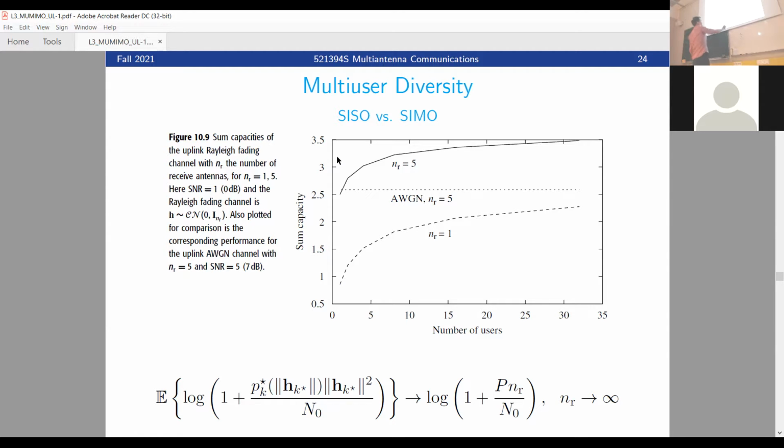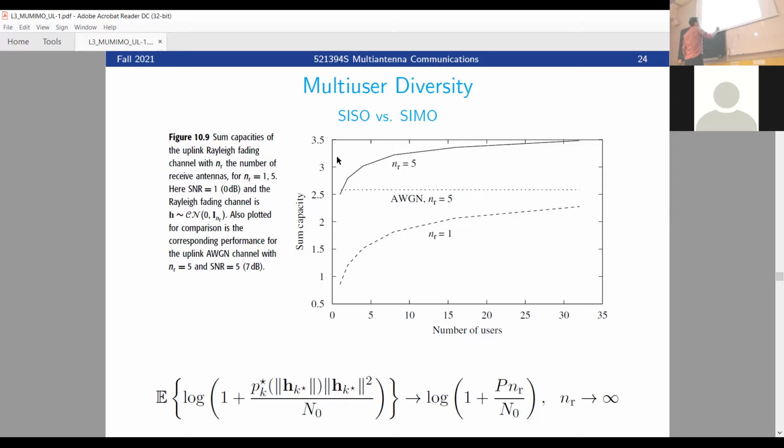Now in this particular case, we have 5 antennas. You still get some multi-user diversity gain, selection gain, right?